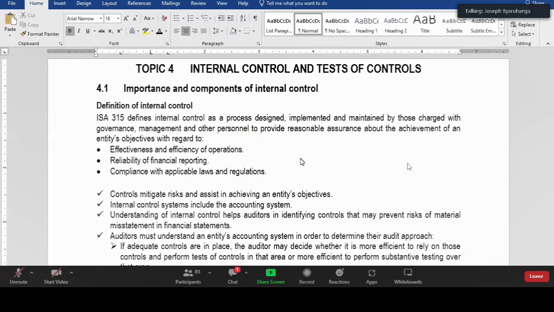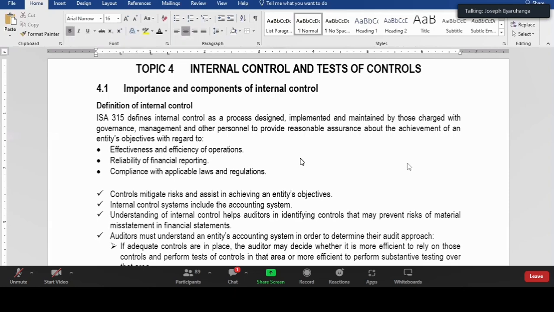Now, topic 4. In topic 3, you talked about audit planning and risk assessment. One of the things you looked at was understanding the entity and the environment, which is very important.